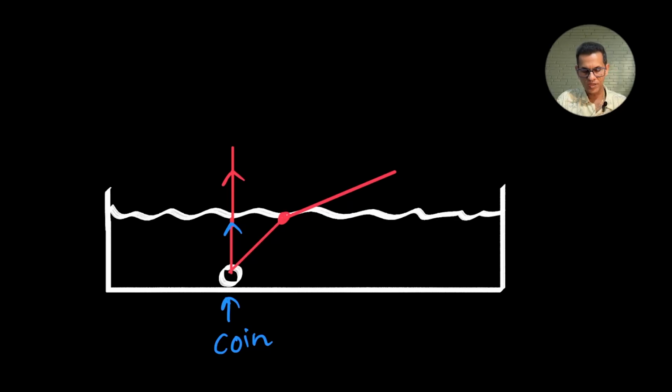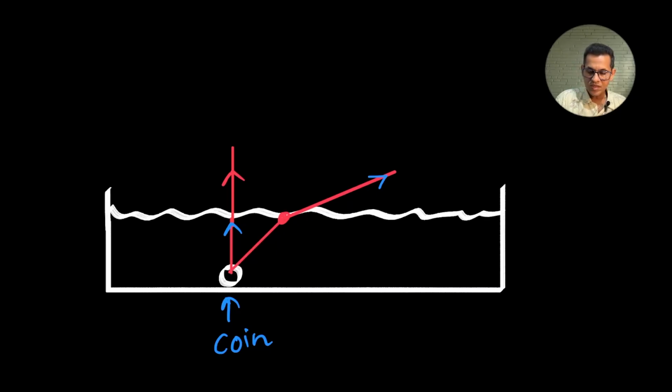One is going straight up, perpendicular to the water surface, and one is traveling in this particular direction after refraction. Note that the light ray traveling perpendicular to the water surface will not bend. This is one situation under which light rays will not bend: if it is entering from one medium to another perpendicular to the refracting surface.